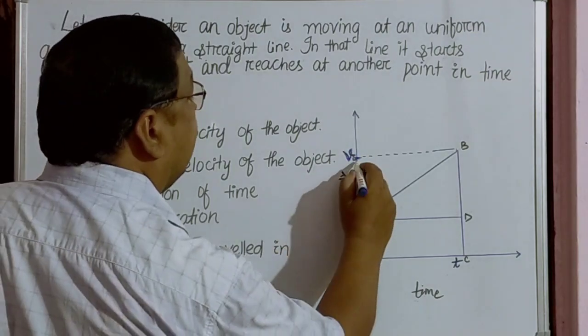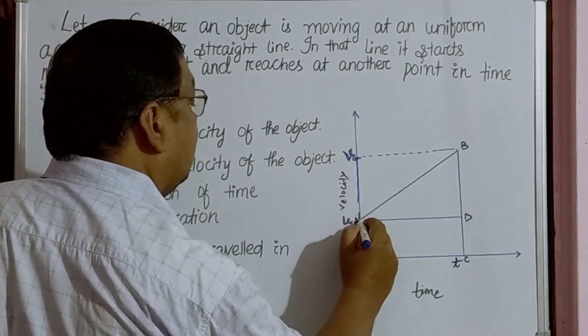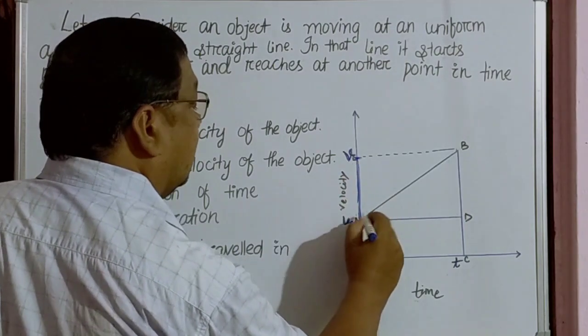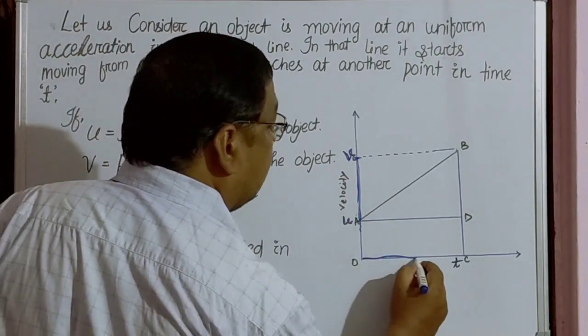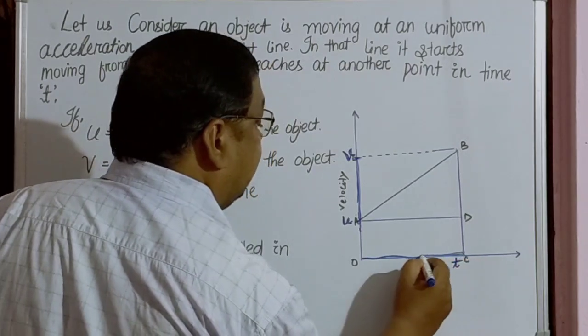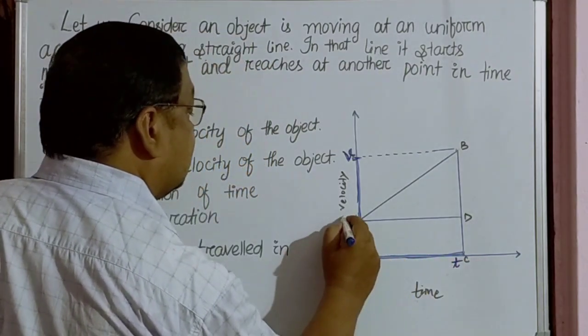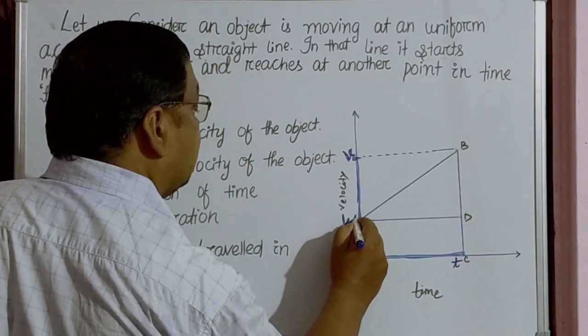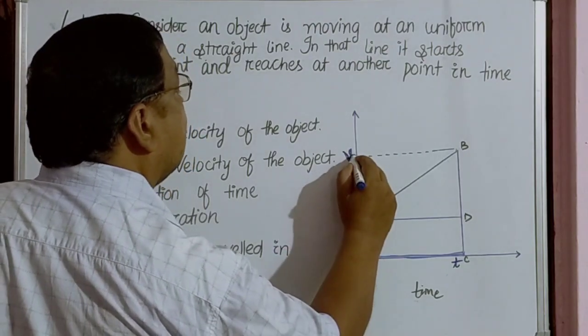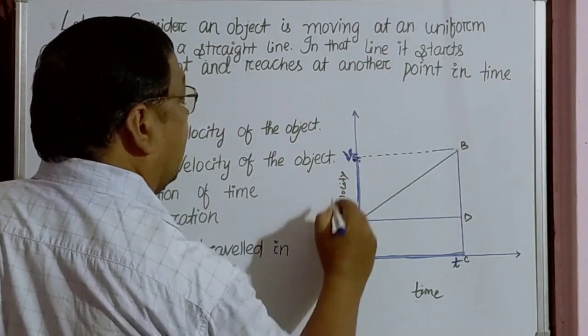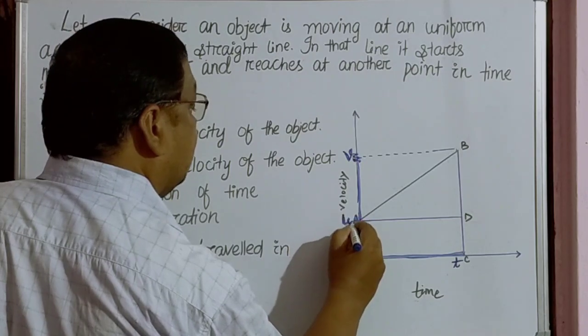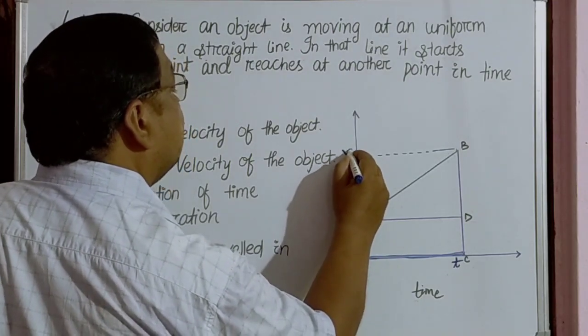And the time taken to reach from here to here is time t. So in time t, the object starts moving from position A and reaches position E, with initial velocity u and final velocity v.